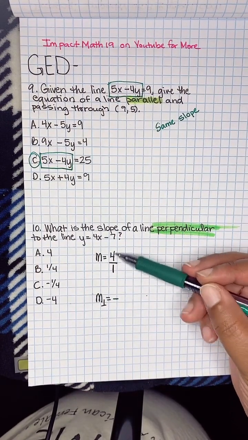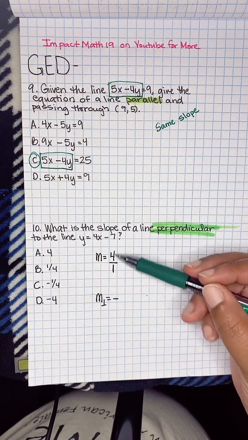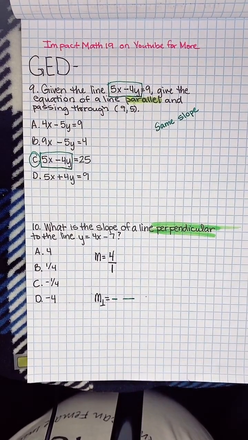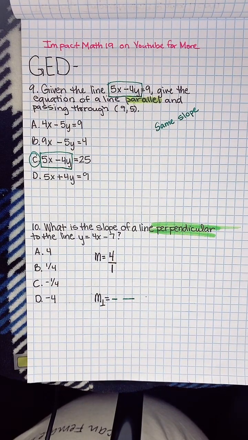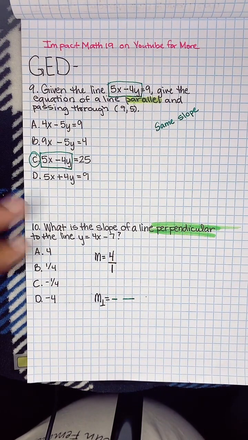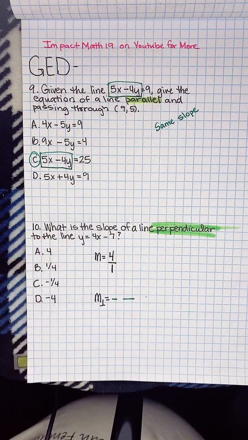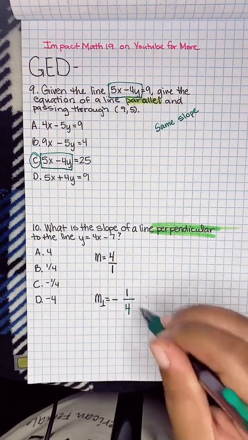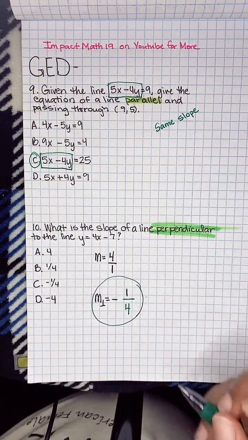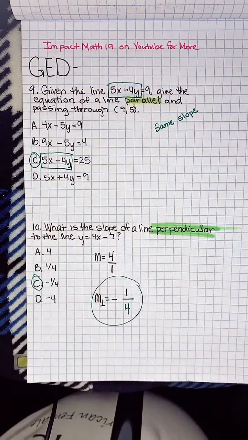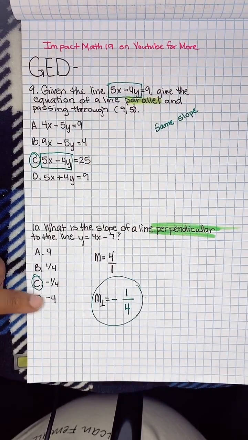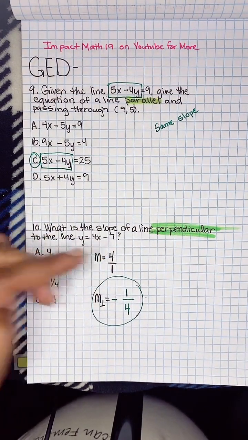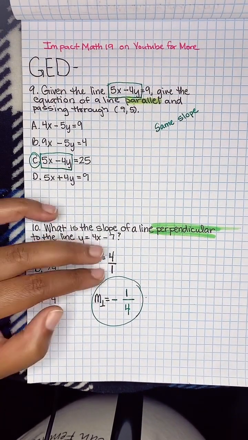What do we have to do to this? Flip. Yes. There you go. Flip it. Reciprocal. Even more beautiful, use that vocab. 1/4. So our perpendicular slope is C. Those who said D were close, but the problem is you didn't flip this. So you got the opposite sign, but you never flipped it.